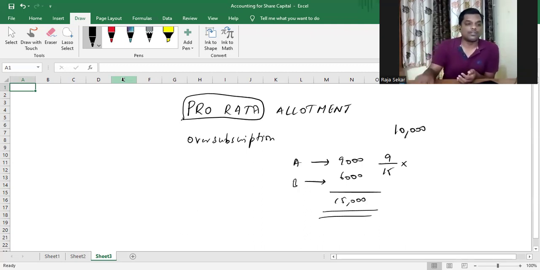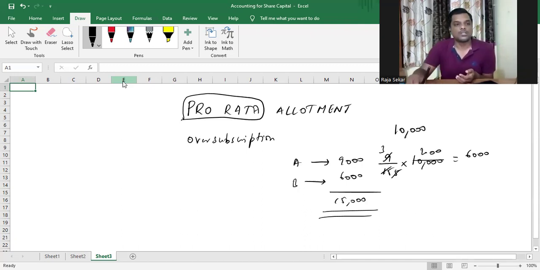Simplified, it becomes 9/15, and this can be the proportion that forms the basis for the number of shares that has to be allotted to A. Now, if you cancel this, you can see A gets 6,000 shares.